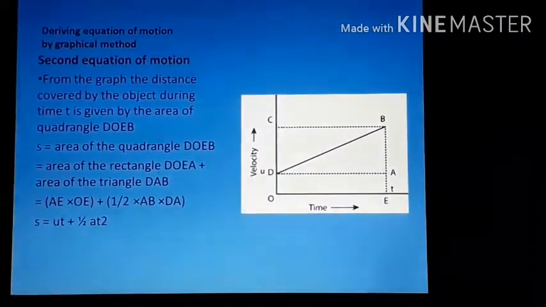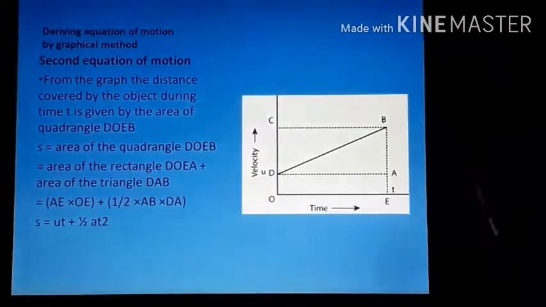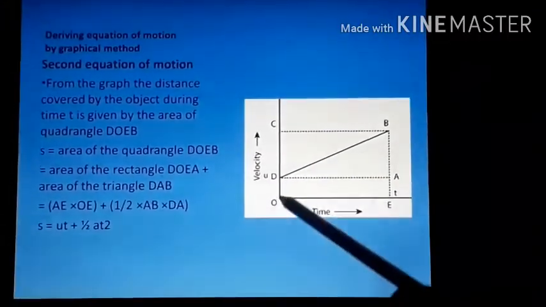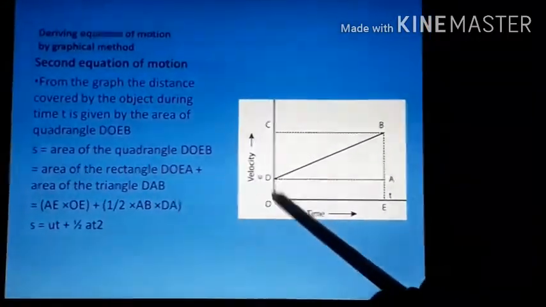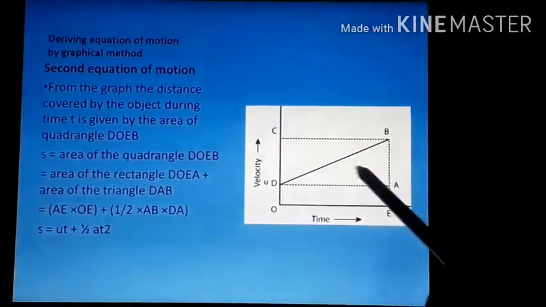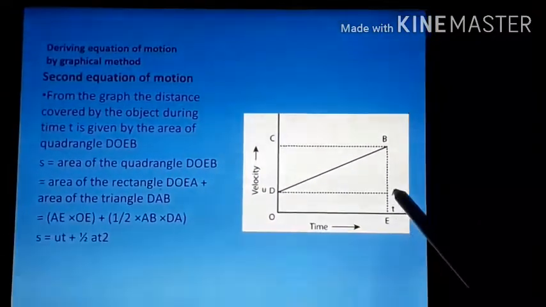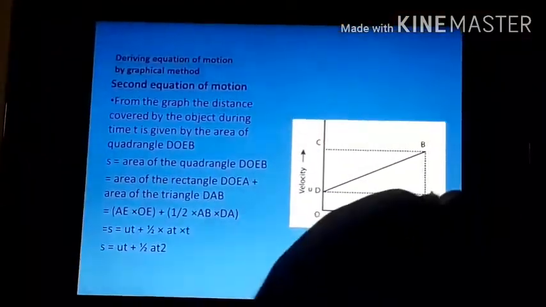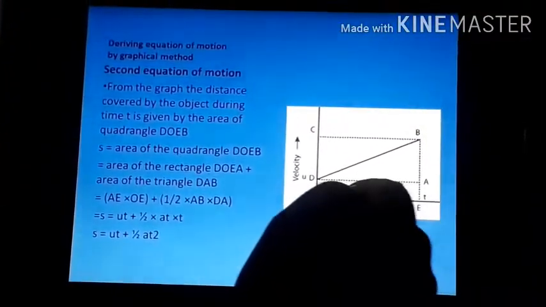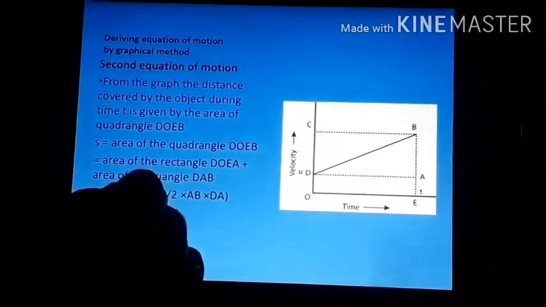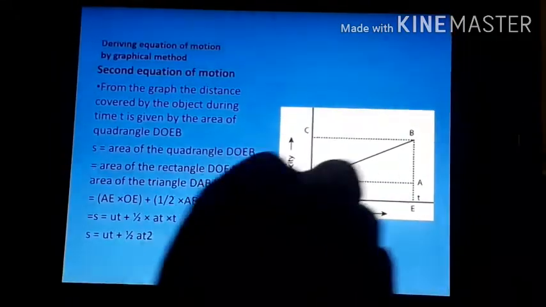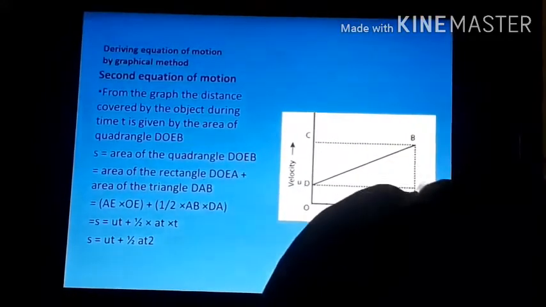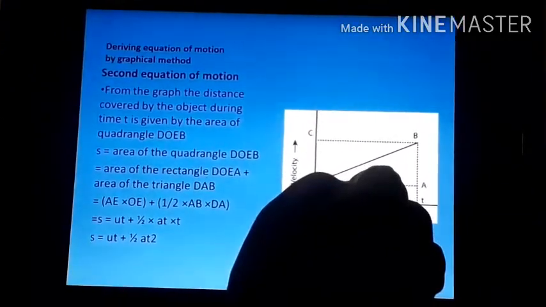DOEB, which is the area of the rectangle DOEA, plus the triangle DAB. Now area of a rectangle AE into OE plus area of a triangle half into AB into DA.